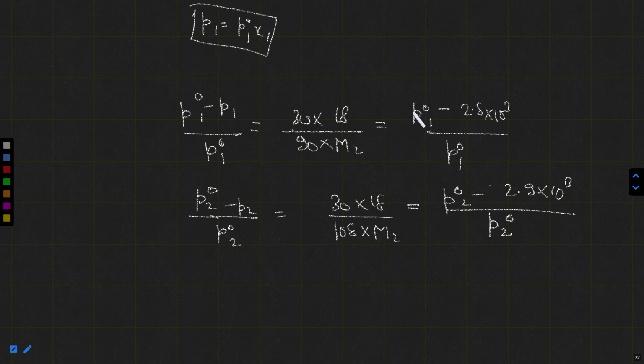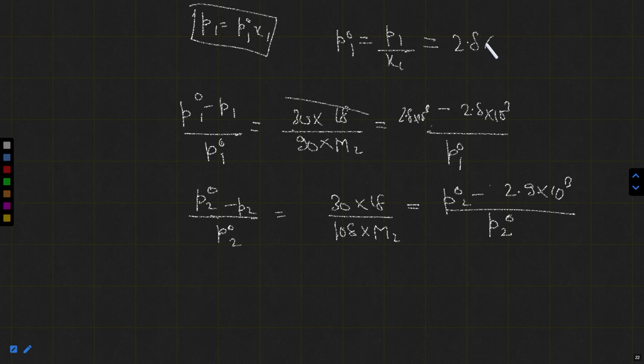So if we put here, then P01 will be equal to 2.8 into 10 to the power 3, that would give us, finally, if we want to calculate P01 from here, that would be P1 by x1.